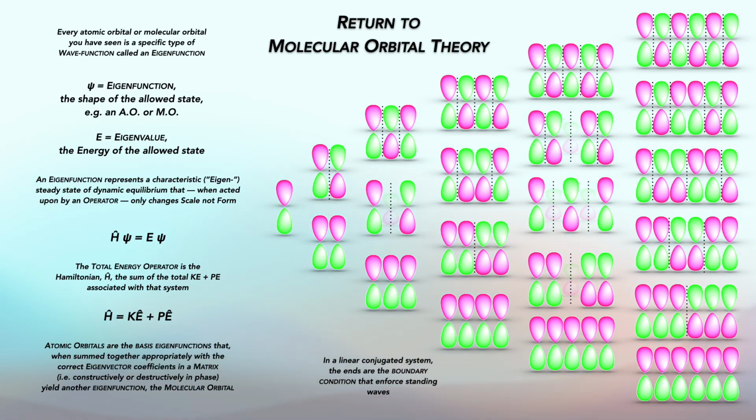It is a steady state pattern. When the Hamiltonian acts on it, the function does not change shape. It only scales. That's the defining feature of the allowed state, of that eigenfunction. So crucially, standing waves that are wave functions, or specifically eigenfunctions, require such boundary conditions and are associated with specific energies that we call its eigenvalue.